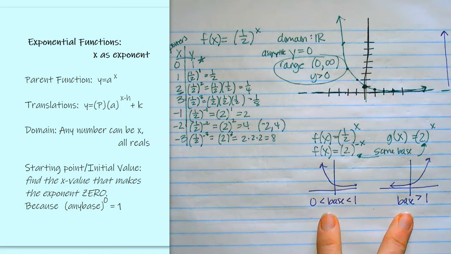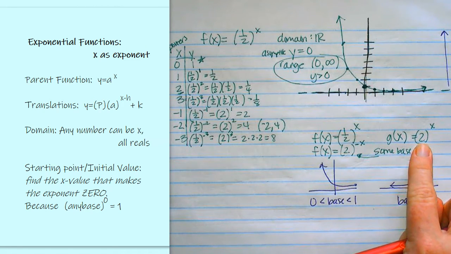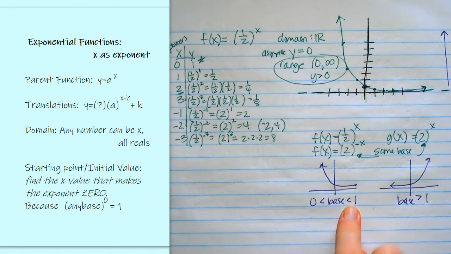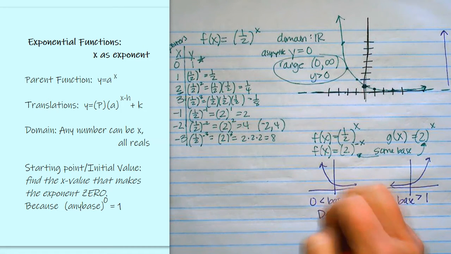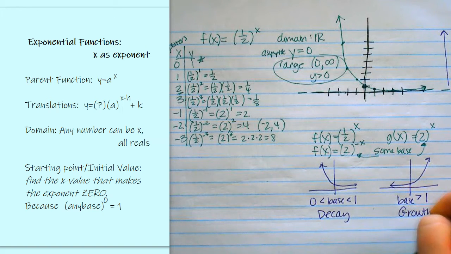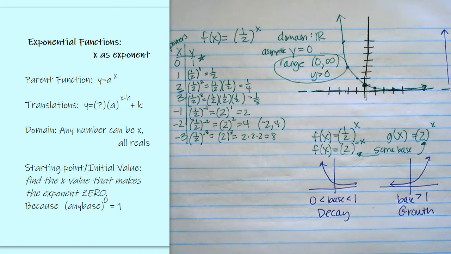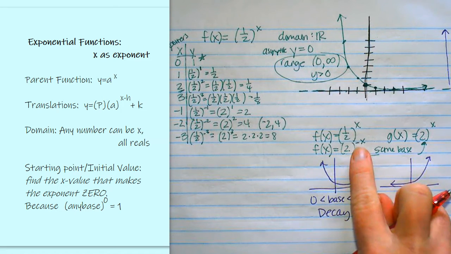So both of these are positive bases now that I've written it this way. 1/2 and 2 are both positive. But if the base is less than 1, if it's a fraction, this represents decay, and this represents growth, a number bigger than 1. And the difference is in the exponent, this negative here.